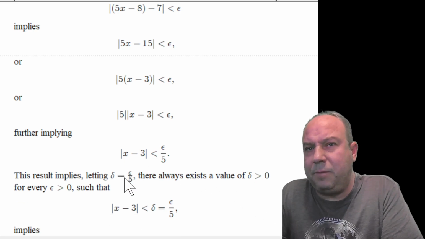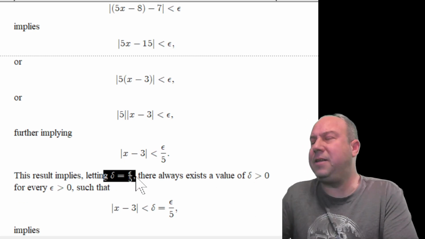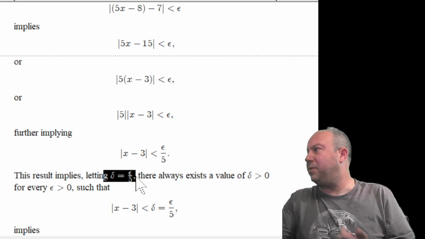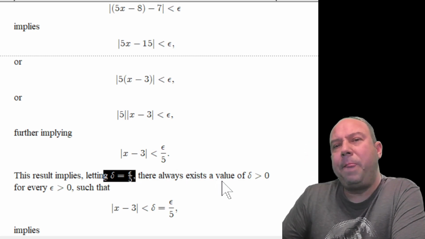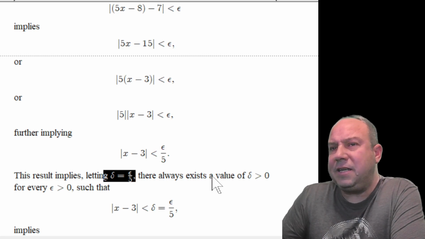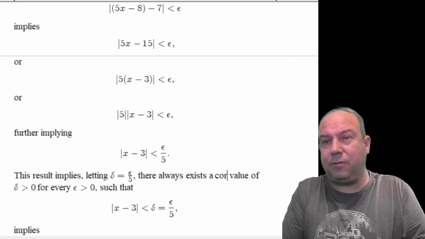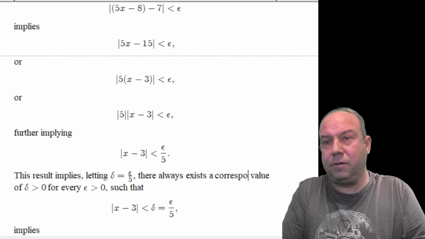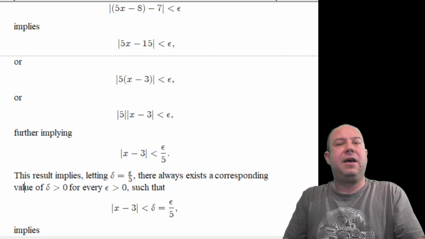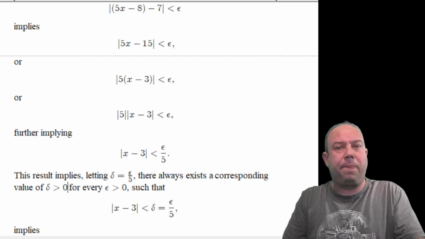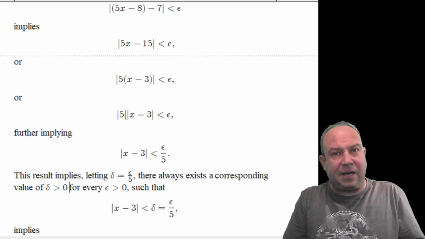This result implies letting delta equal epsilon divided by 5. There's always going to exist a corresponding value of delta greater than 0 for every epsilon greater than 0.